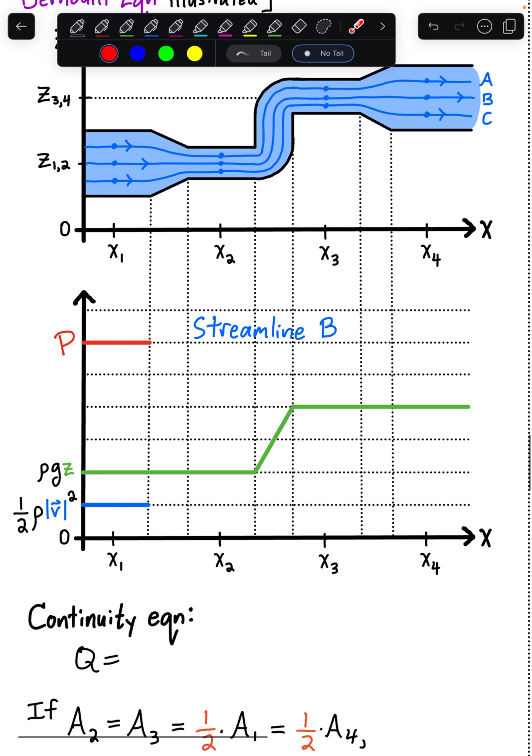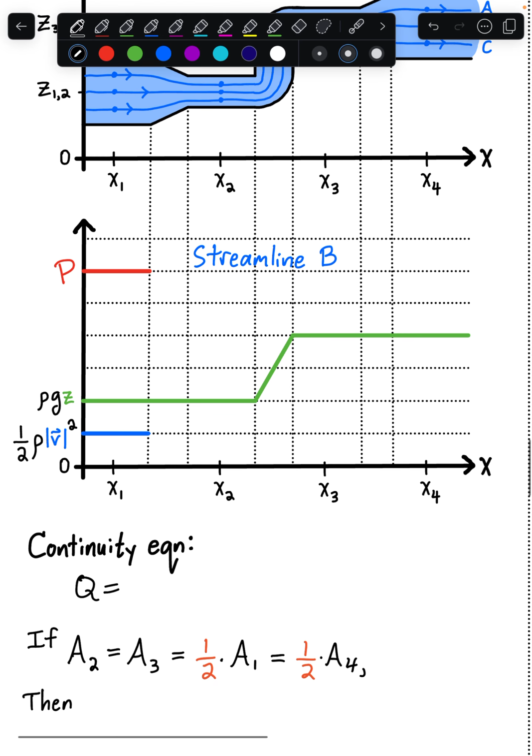So we note that the volume per second passing through any given gate, so passing by points 1, 2, 3, and 4, has to be the same in steady state flow. So we write that the product of cross-sectional area and speed at any one of those points all have to be the same.